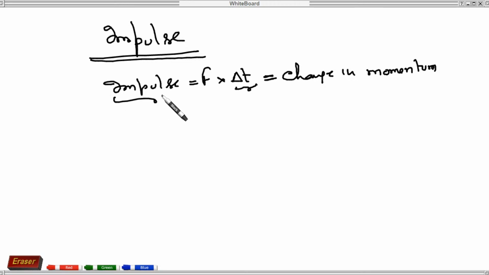This impulse is denoted by J. This is the force which is applied for a time delta t.